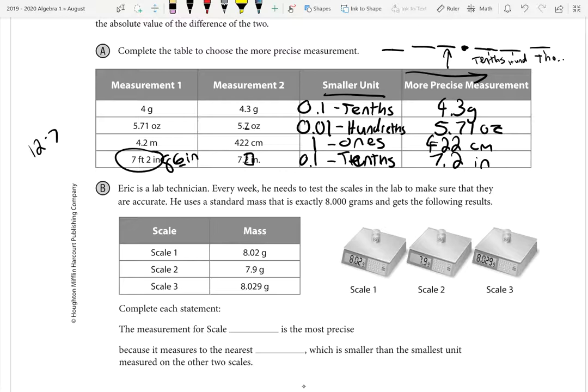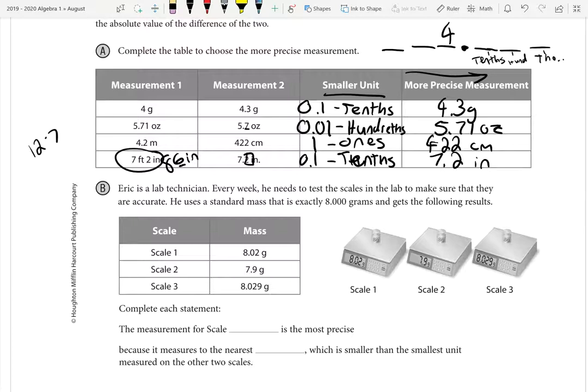making it more precise. So when we look at these, you saw the first one was 4, right? Just 4. And then the one over to it was 4.3. So 4 was nice, but 4.3 was better because the 0.3 has gone to the tenths place, whereas just 4 was only in the ones place.